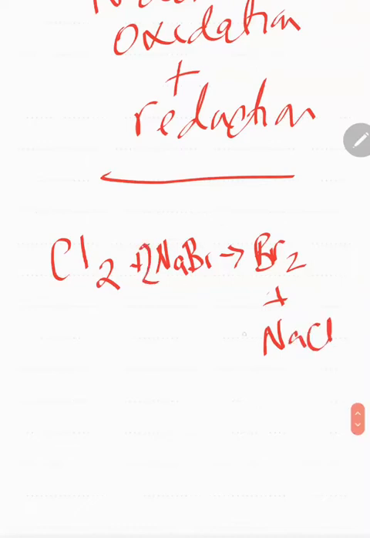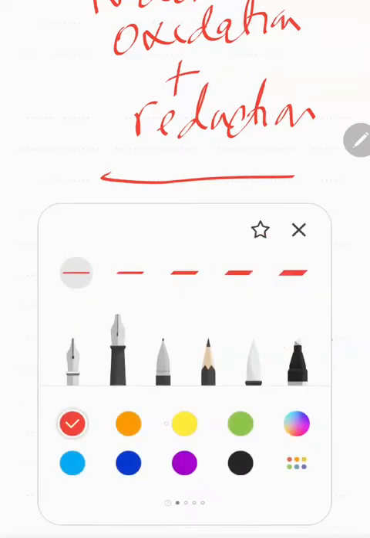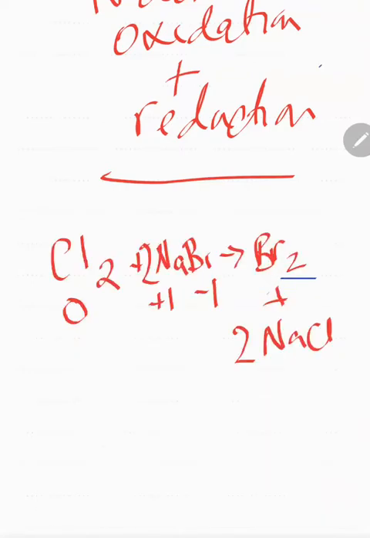This is a displacement of halogens from GCSE. Chlorine on its own, oxidation state 0. Sodium group 1 must be +1. Br is in group 7, must be -1 because it's not bonded to something more electronegative. Bromine 0, Cl -1, 0.